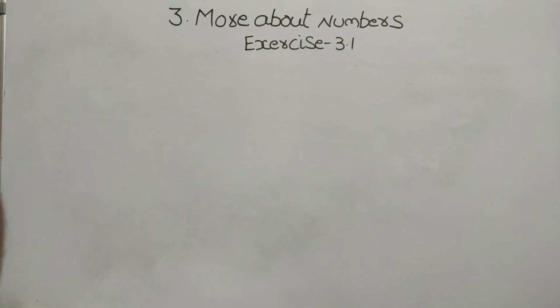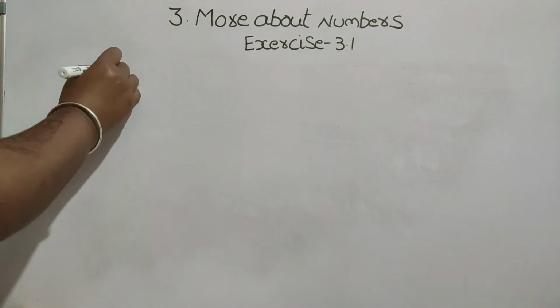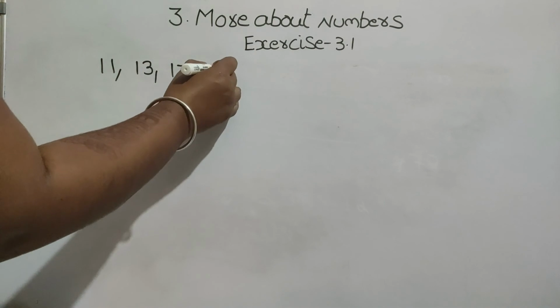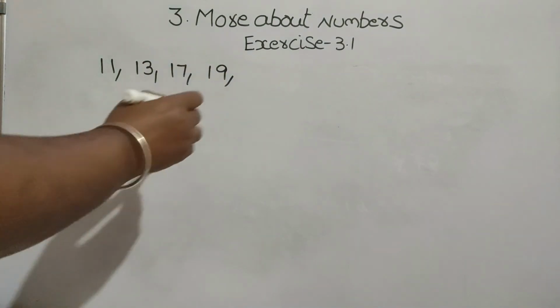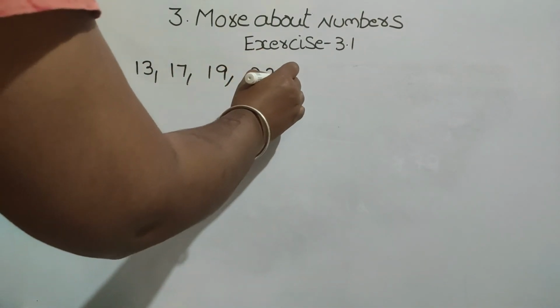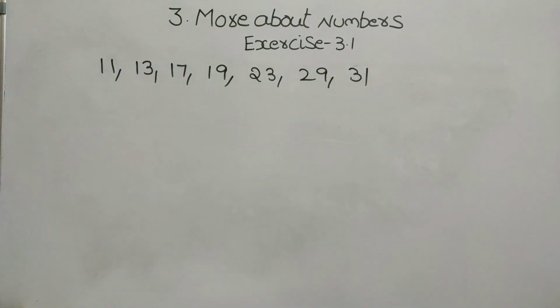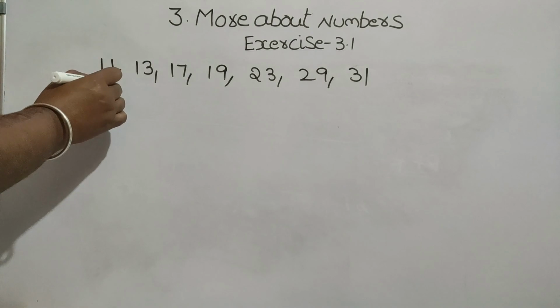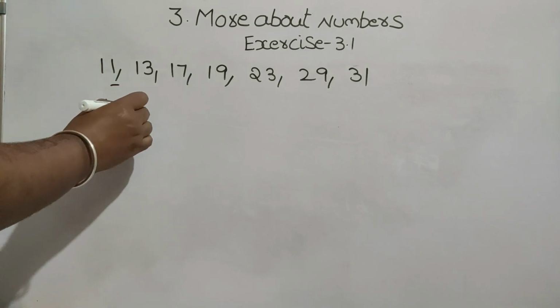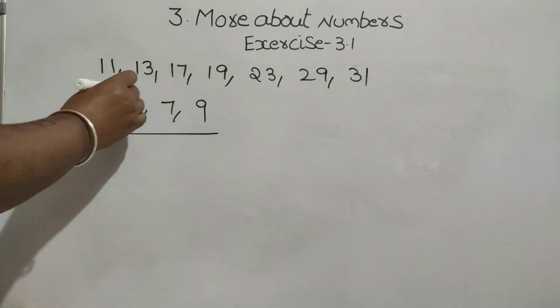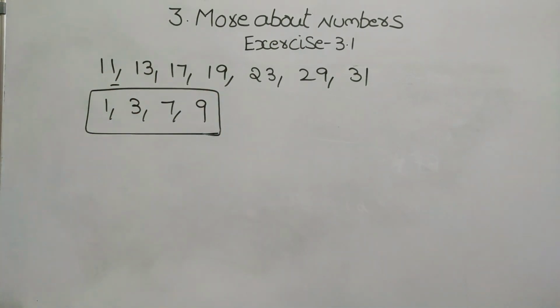Greater than 10, less than 100, the prime numbers are 11, 13, 17, 19, 23, 29, 31. If you observe, always the ones digit place is 1, 3, 7, 9. These are the possible one digit place.